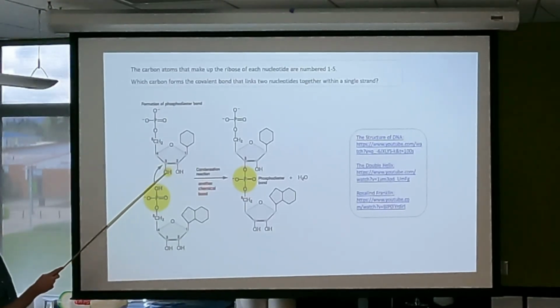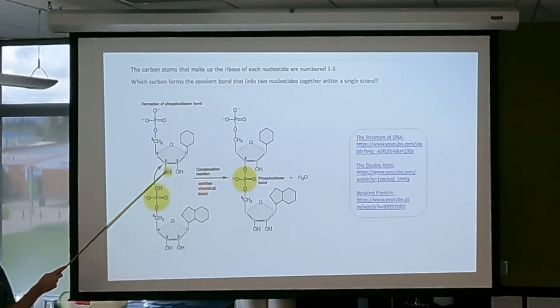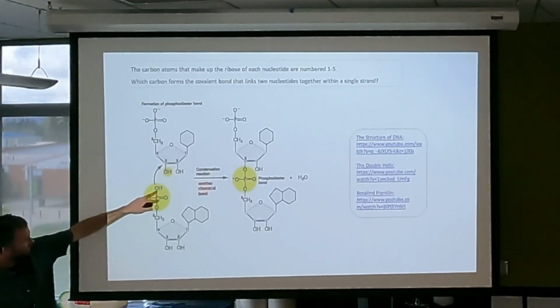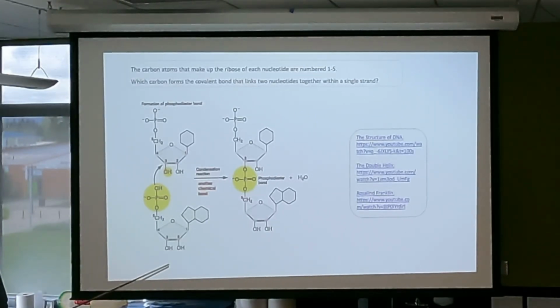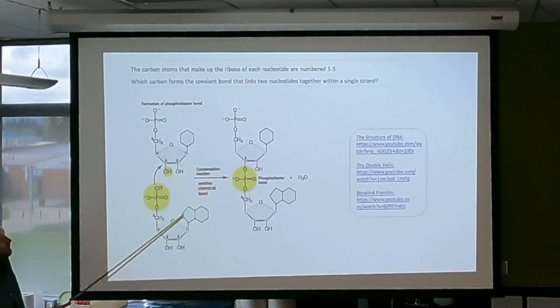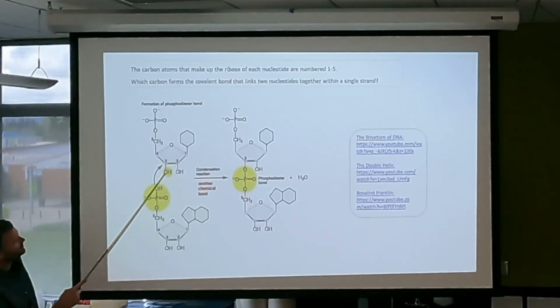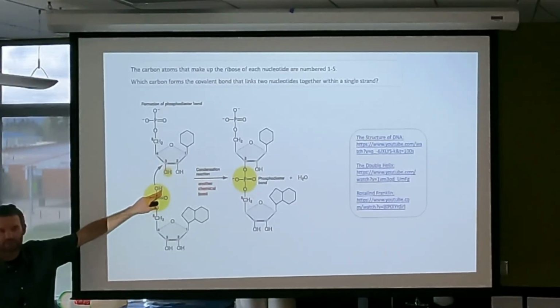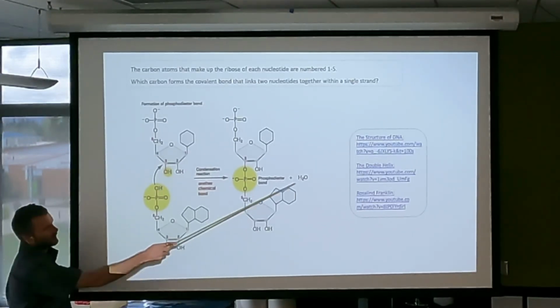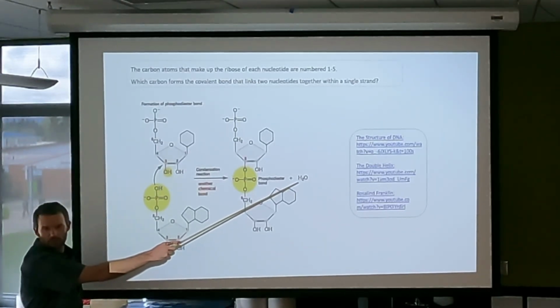And this is just a more detailed version of this. So you have this hydroxy group on the third carbon, and on this phosphate group you have a hydroxy group here, and it's going to form a chemical bond. But what happens is this hydroxy group is going to completely detach, and it's going to attach with this hydrogen right there, and it's going to form a water molecule.